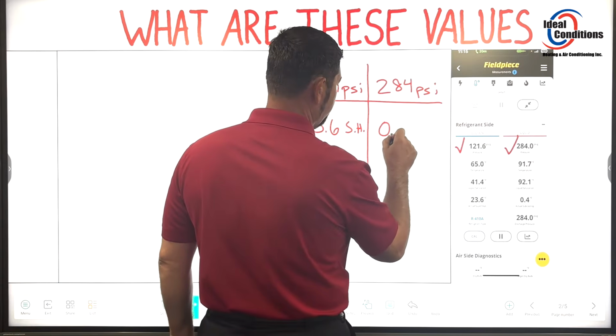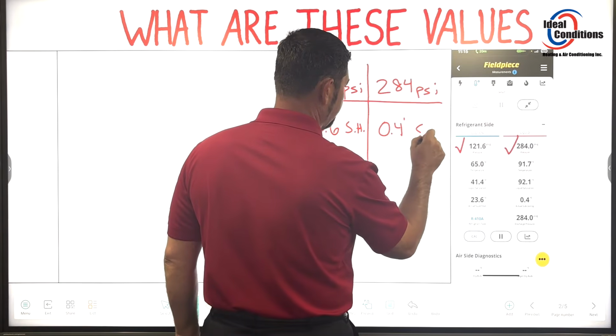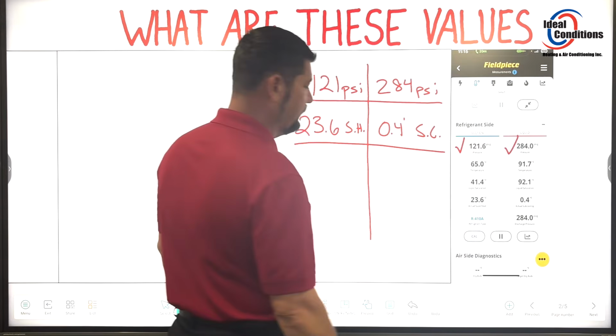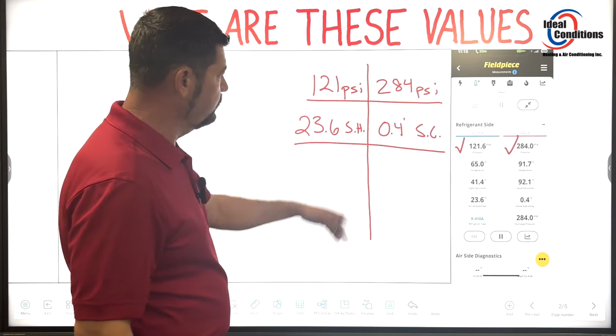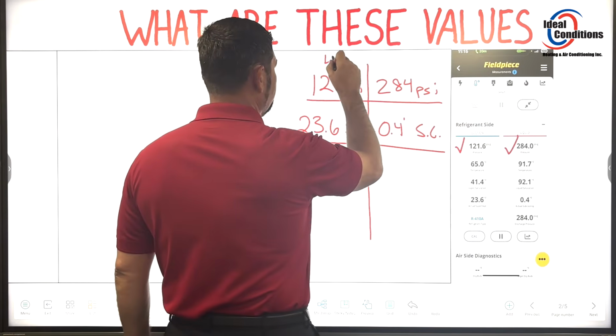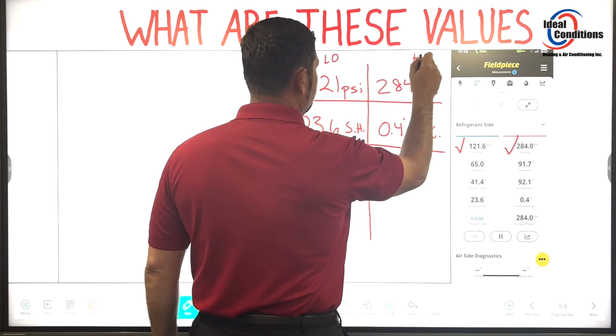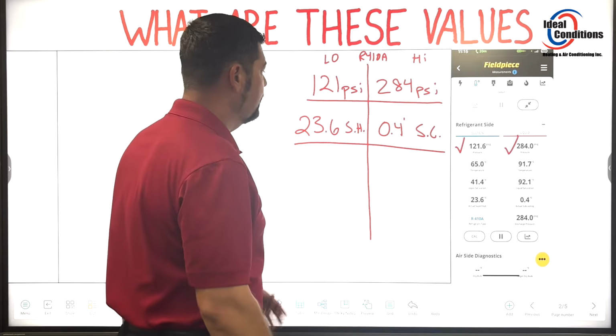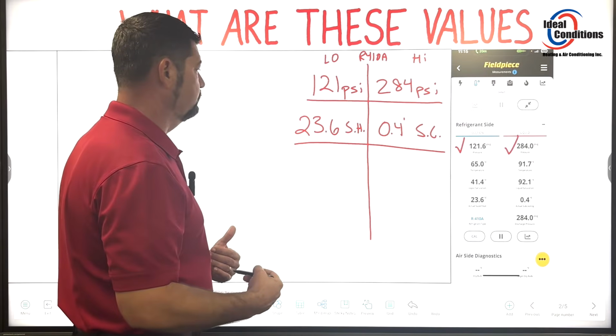It's 0.4 degrees. That's my subcool. I don't even think we care about anything else at this point going forward. We know it's R410A. This is my low side. This is my high side. I already see that I have a problem.